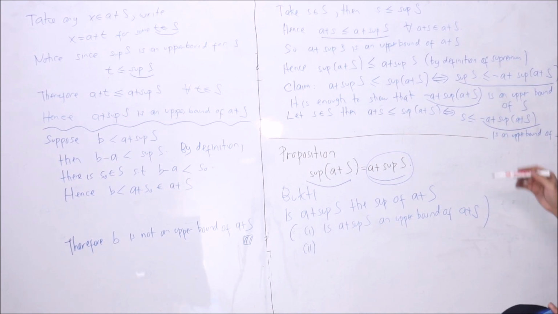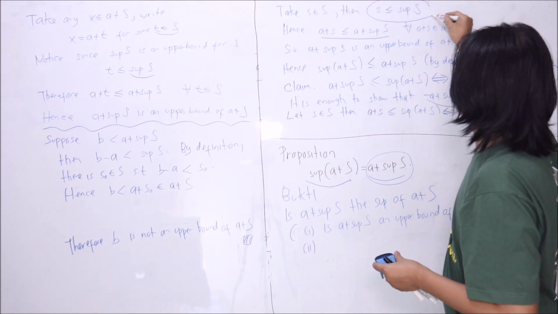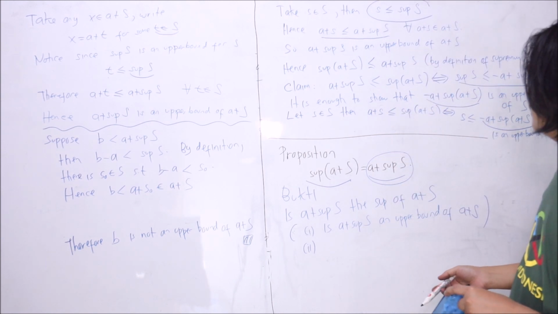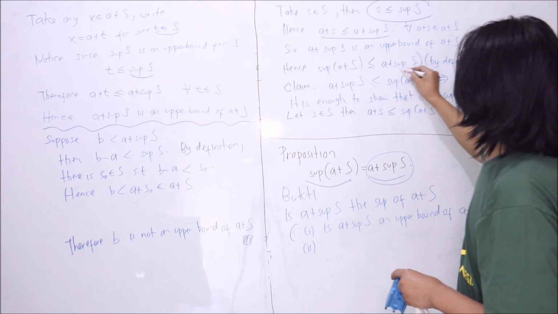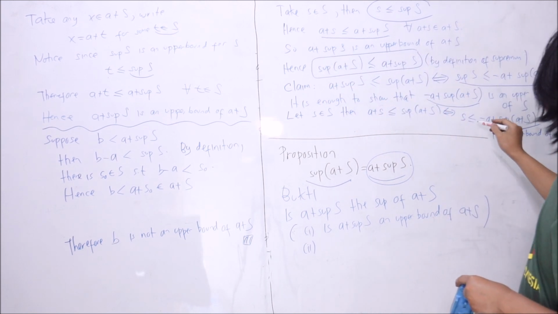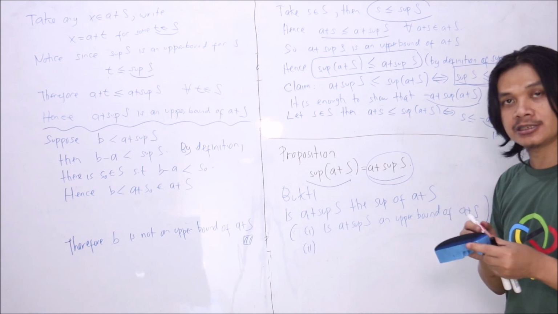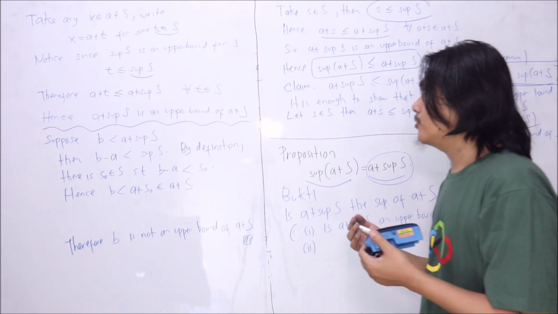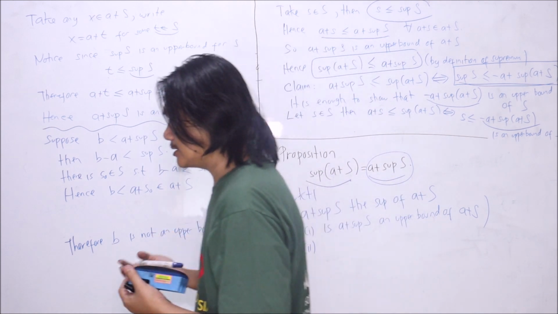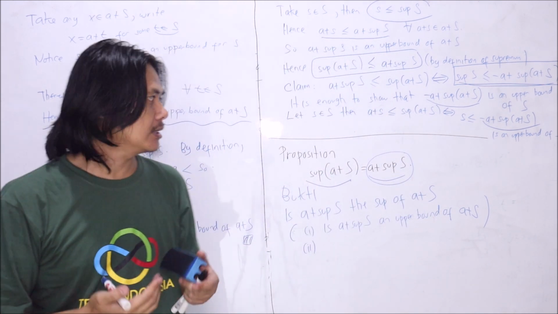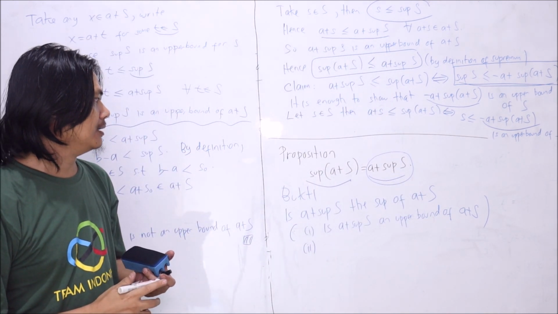So we have two inequalities. Oh, hold on. Where are the inequalities? So this one and this one. So we are done. Okay. So that's the two ways of how we can prove the relationship between supremum or between infimums. Okay?